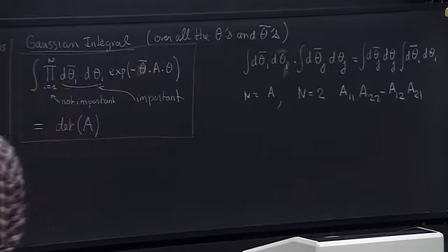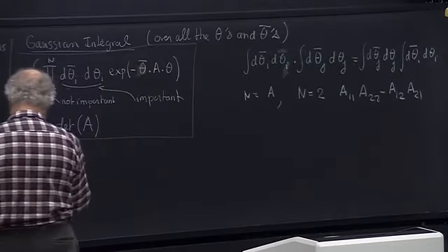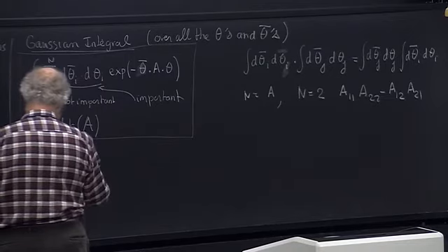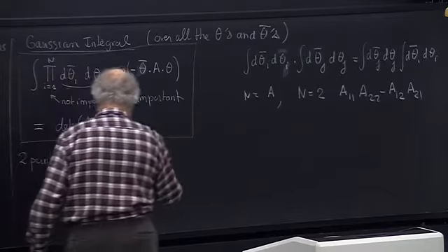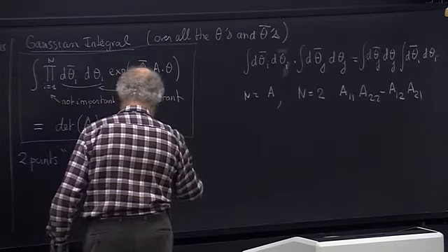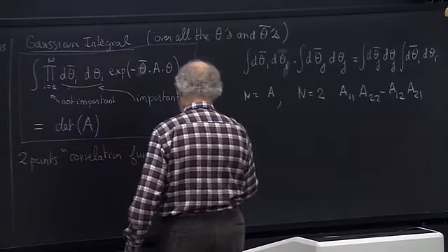Now let's define what is a 2-point correlation function, if you want, or a non-commutative cumulant.